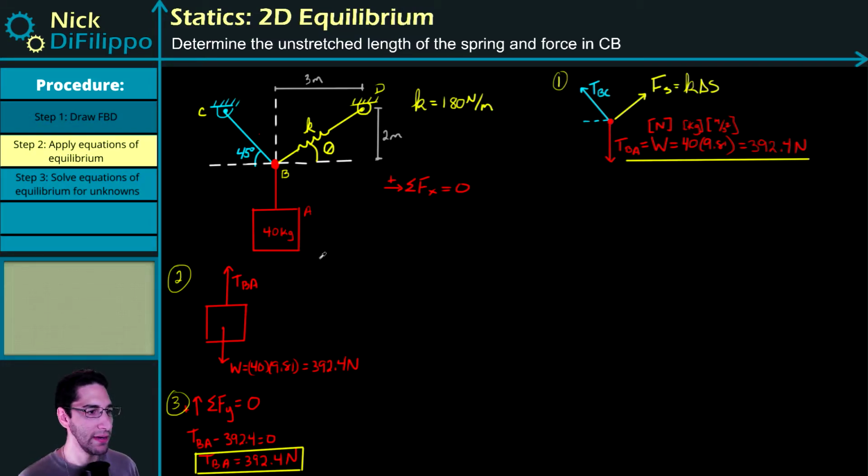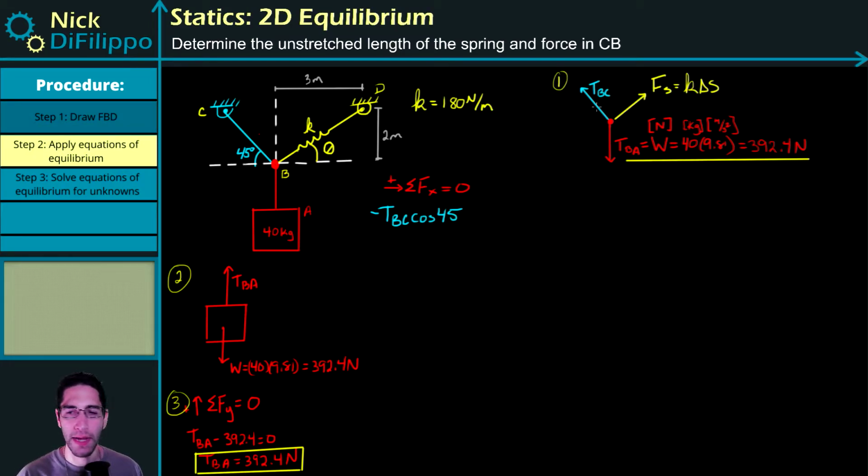That means my x component is going to be a minus TBC. And I need to figure out what this component is. It's a 45-degree angle, so I'm looking for this side of that triangle right here. That's going to be the cosine. So it's going to be minus TBC times the cosine of 45.